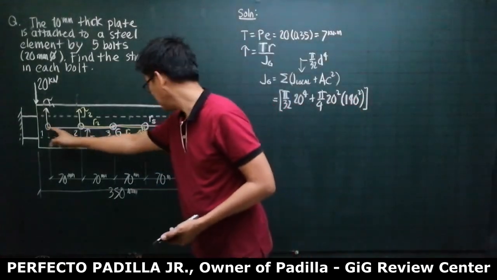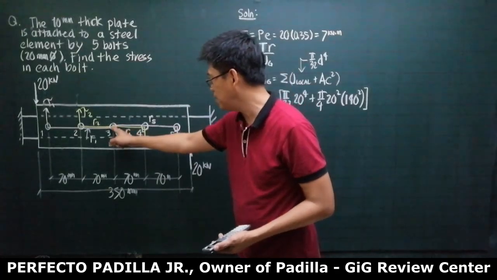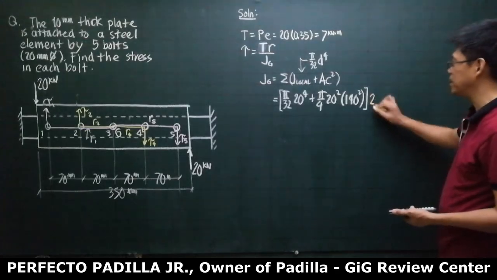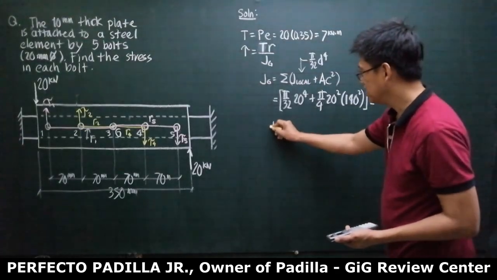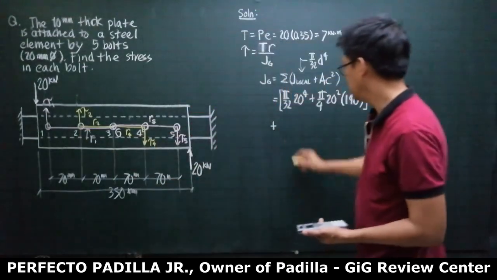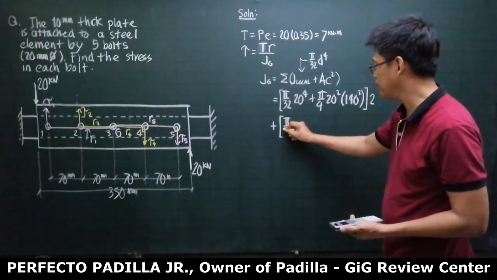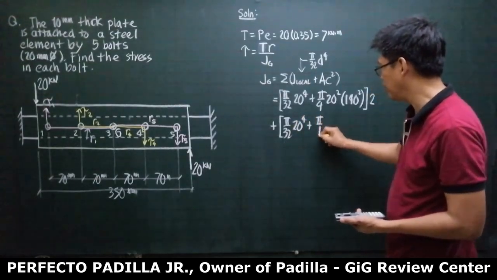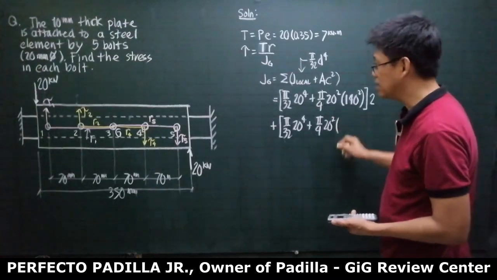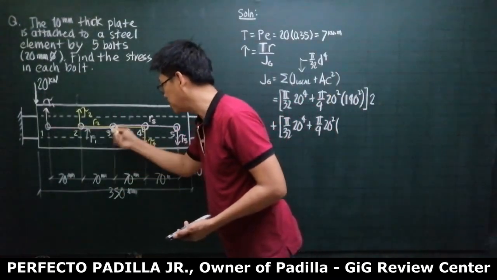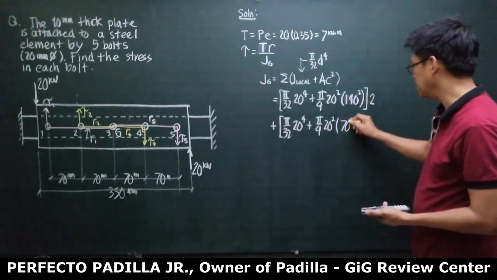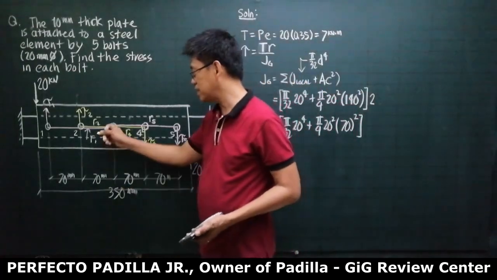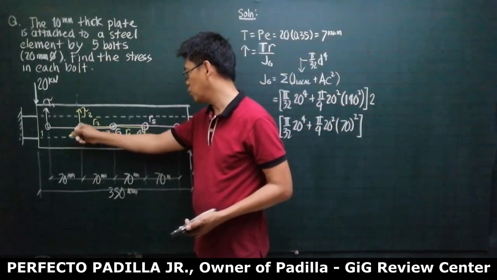But bolt 1 and bolt 5 are of the same distance 140 from the centroid. So I just multiply this by 2. So plus, considering bolt 2, it would be pi over 32, 20 to the fourth, plus area, pi over 4, diameter squared, transfer distance squared. The transfer distance is 70. So 70 squared. And there are two bolts whose distance from the centroid is 70, 2 and 4.